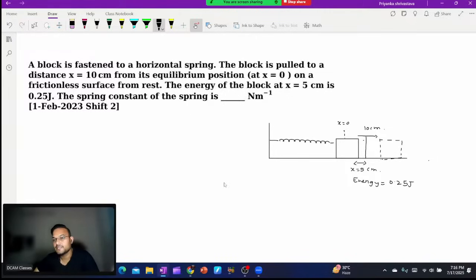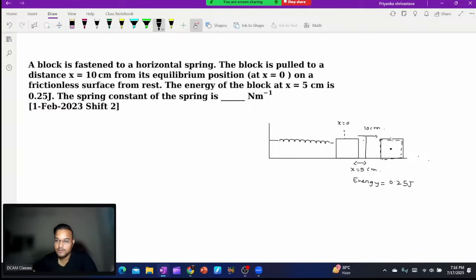Spring constant they are asking. See, at this position when it was touched till here, it was stretched and it was just left from the start.